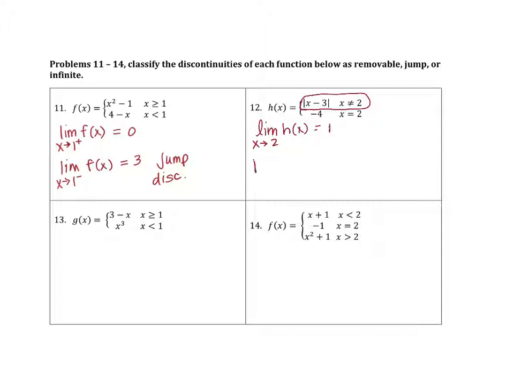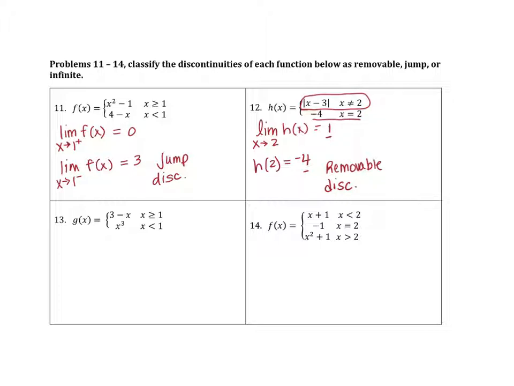And then if I look at h at 2, we saw that this was just a point. H at 2 is -4. So notice here we have what's called a removable discontinuity. And that's going to be because the function is one value, but the limit is something else. So we have a hole in our graph is what's going on here.